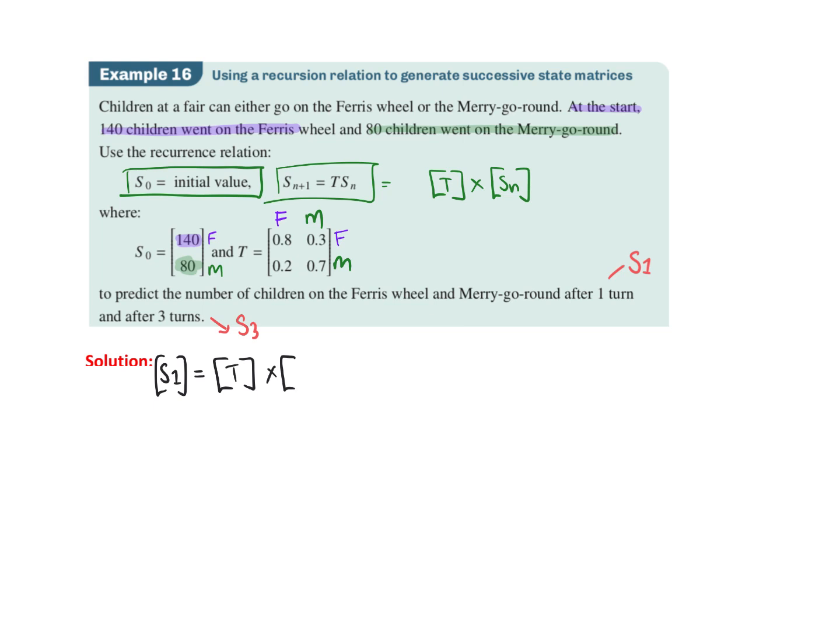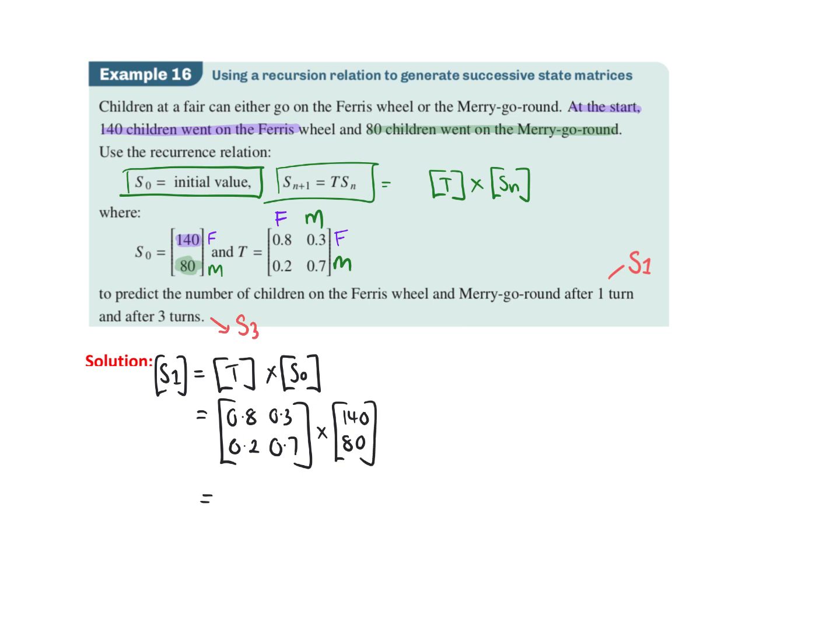So what I'm going to do is I'm going to times the transition times S0. And they gave me all that. So what I'm going to do is I'm going to pop that transition into my calculator. So I'm going to type that one in, times it, and times it by the original scenario.